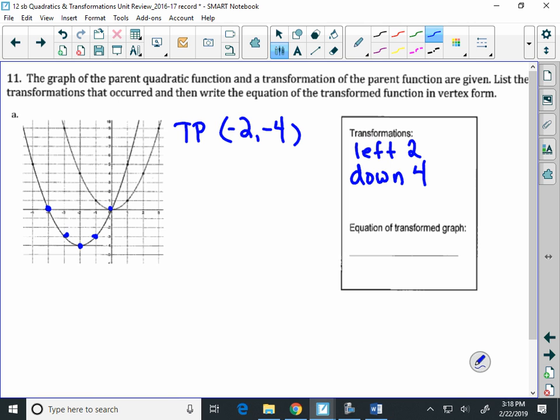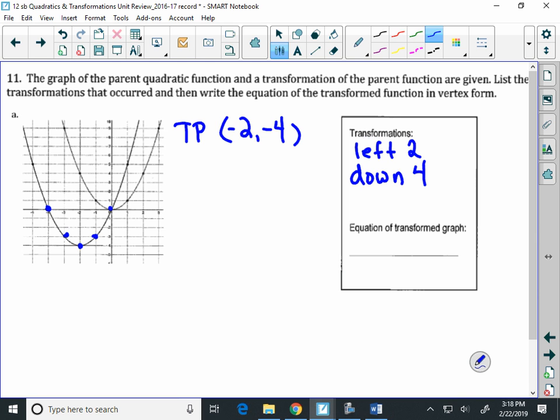But remember what the pattern of the graph is. From the parent function, we went 1 space to the right and 1 up. We went 2 spaces to the right and 4 up. In this particular picture, we still went 1 space to the right and 1 up. We went 2 spaces to the right and 4 up. Those are the only transformations that we have in this.